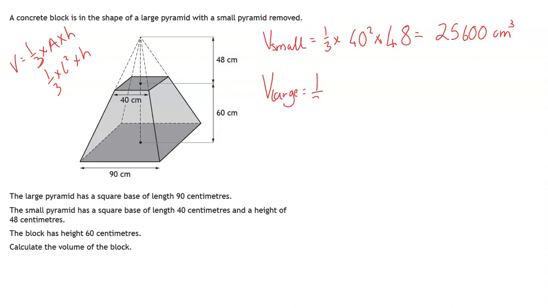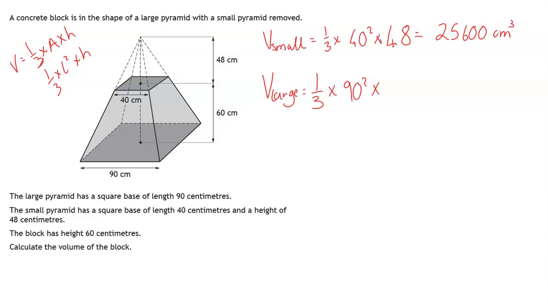What I can then do is the same idea and do the volume of the large one. Now I'm going to use the same formula. It's not a different shape. The only thing that's changed are the dimensions we're going to use. So it's going to be 1/3 times the length of the base squared. Well, in the big one, the length of the base is 90. So it's going to be times 90 squared. Then it's going to be times the height. Now on the diagram, 60 centimetres is marked as the height of that lower chunk. But we want the height of the overall pyramid, remember.